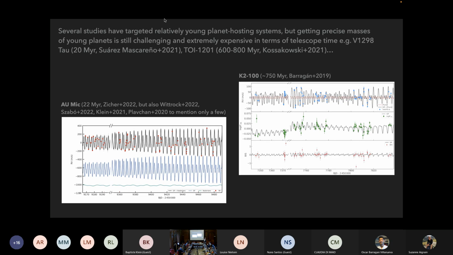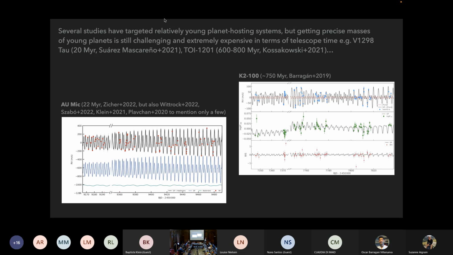So of course, it's not like we're not measuring the masses of young planets, as we've heard today. So I've tried to throw in some of the good examples of how we're still going after these targets, because scientifically they're of great interest.